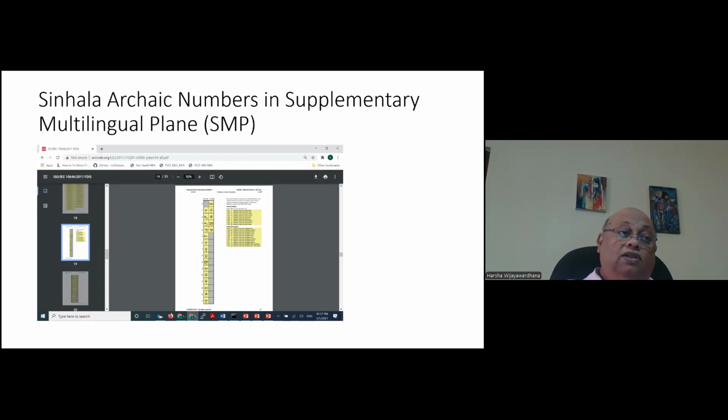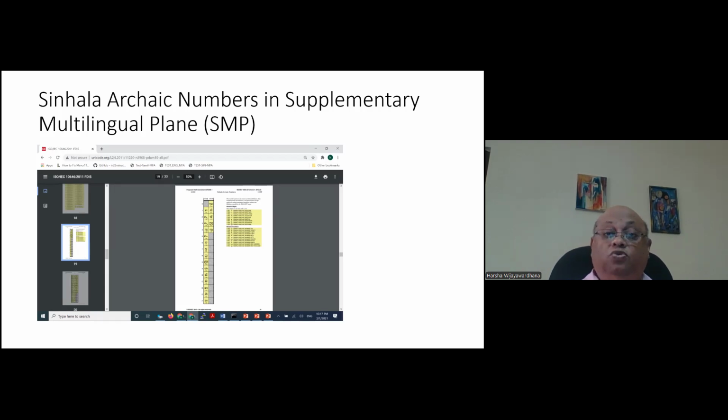One is called the Hari sign, which has to come in here. And then also the Kahapana sign, which you don't find in other Brahmi rock inscriptions. So we may have to encode them somewhere here.